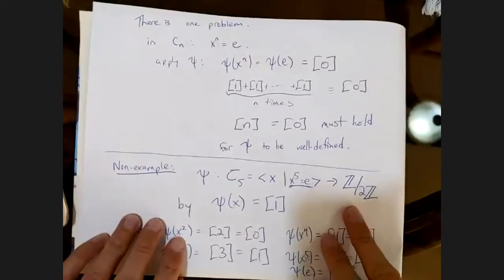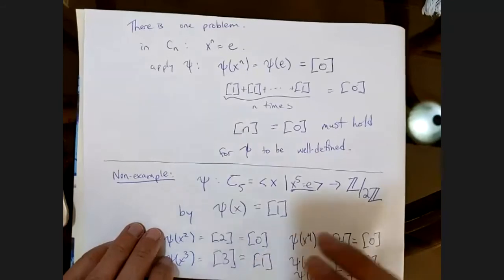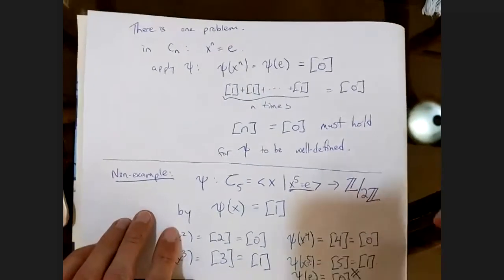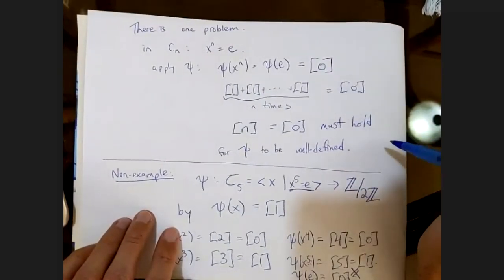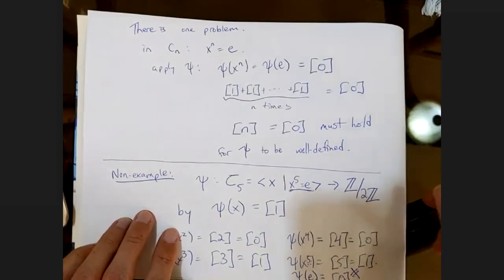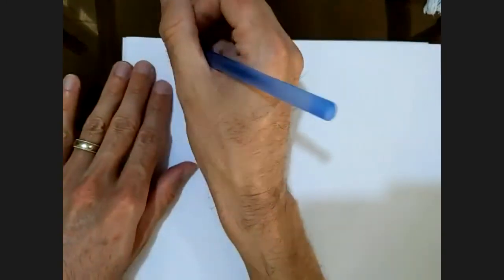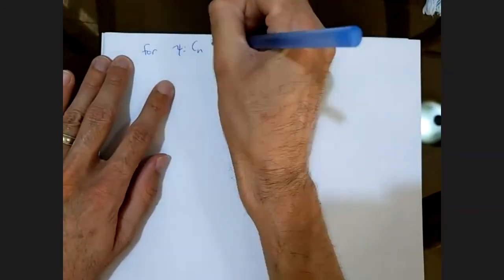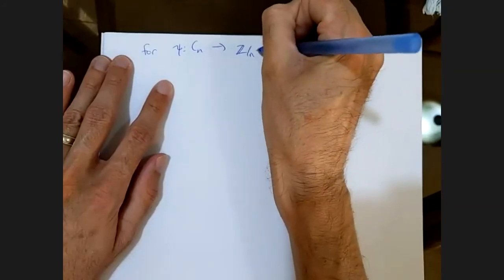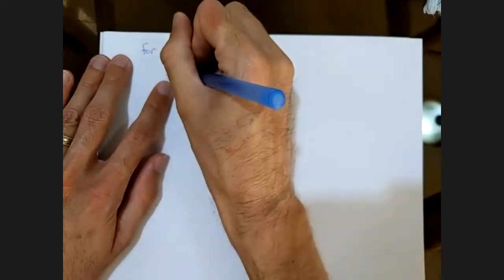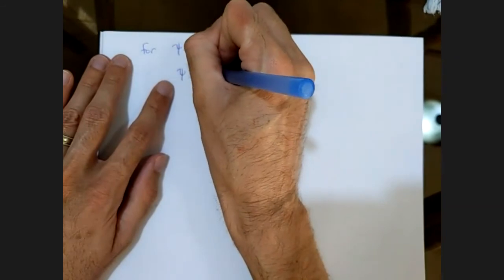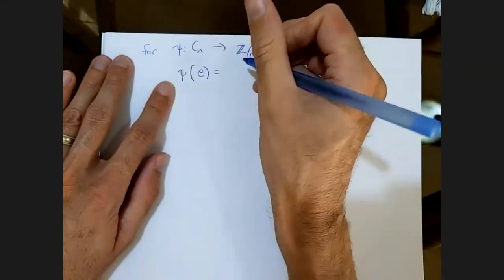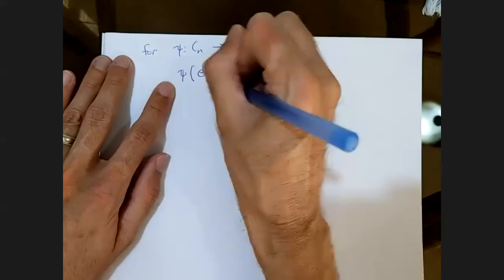And if we go back to the example with Cn and the integers mod n, something nice happens. For psi from Cn to the integers mod n, we have psi of e, or in other words x to the 0, is 0.